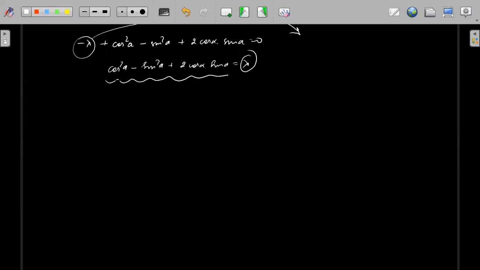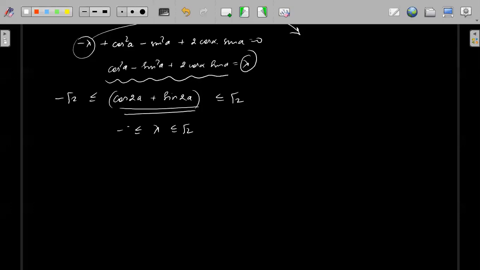Cos square alpha minus sine square alpha I can write as cos of 2 alpha, and 2 cos alpha sine alpha as sine of 2 alpha. The maximum and minimum value of this function is from minus root 2 to plus root 2, both included. So lambda will also be from minus root 2 to plus root 2.